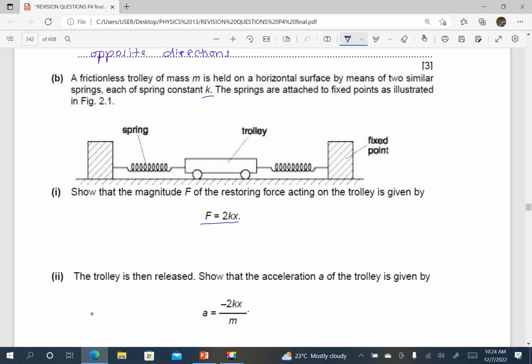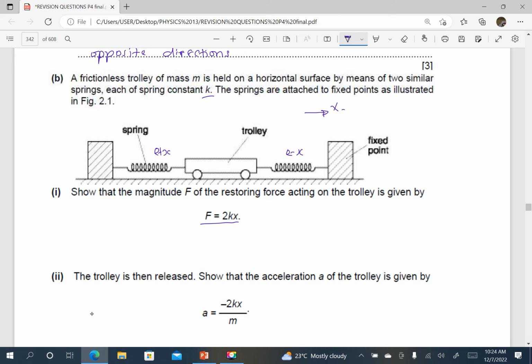I think something is missing here, but let us assume that the trolley is given a displacement x to the left. If the trolley is given a displacement x to the left, it means this spring here is going to extend by e, its extension will be e plus x, and this spring here, its extension will be e minus x, where e is the extension before an additional displacement x.